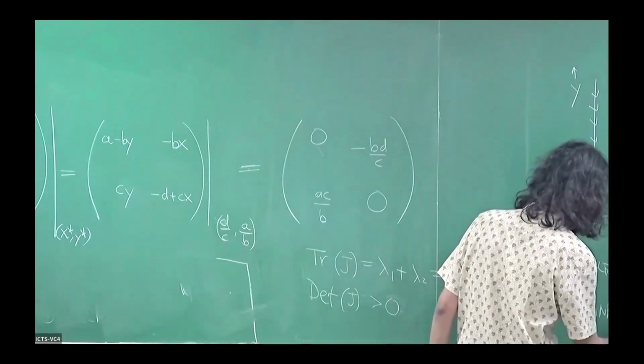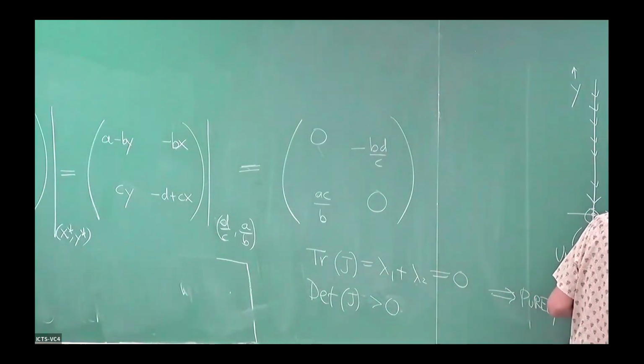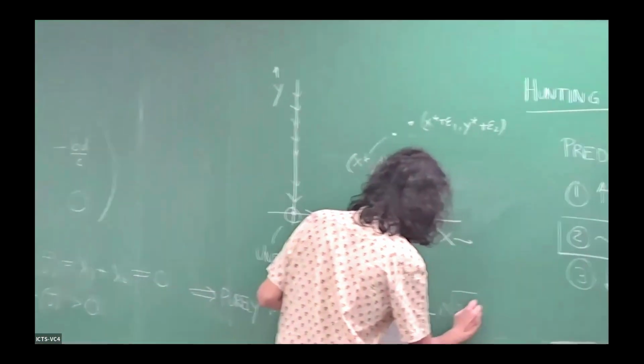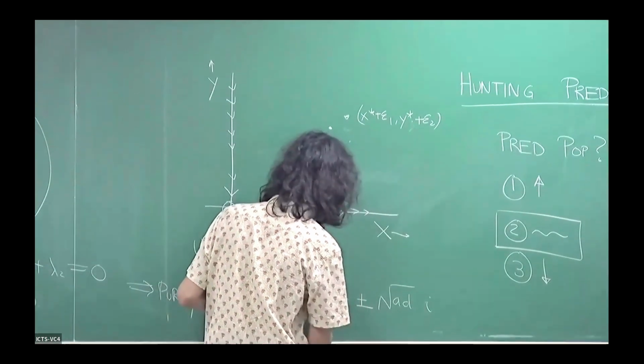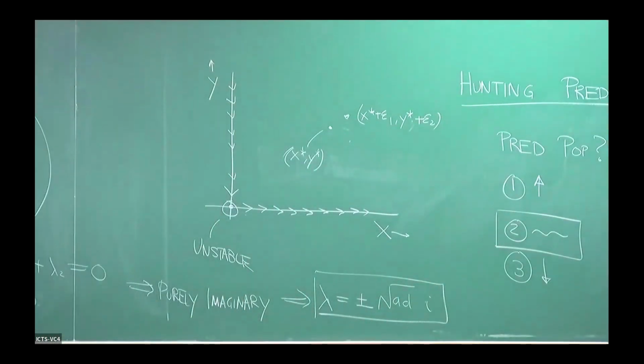And in particular, you can calculate it. In this case, your lambdas will be plus or minus root of AD times iota. So do we have stability or instability?